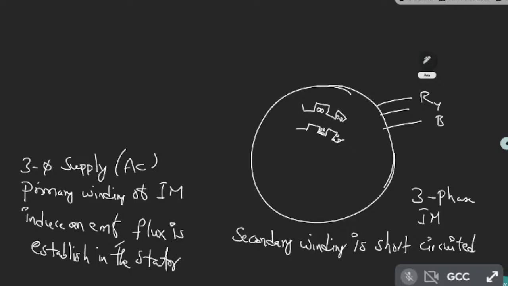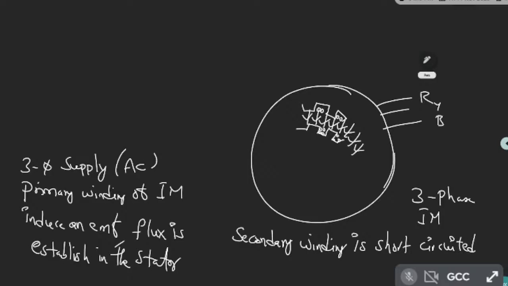Flux will establish like this. Flux is established in the stator conductors.